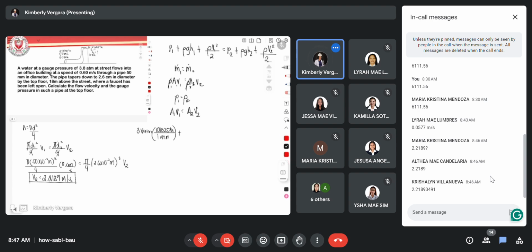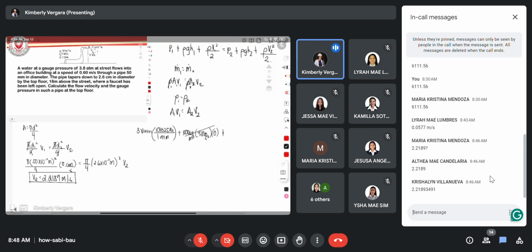What is our rho? Since this is water, let's just use 1000 kilograms per meter cube times g, 9.81 meters per second squared, times the height 1. Since this is in our street, let's just assume that our pipe is at 0 meters, so this will be cancelled.